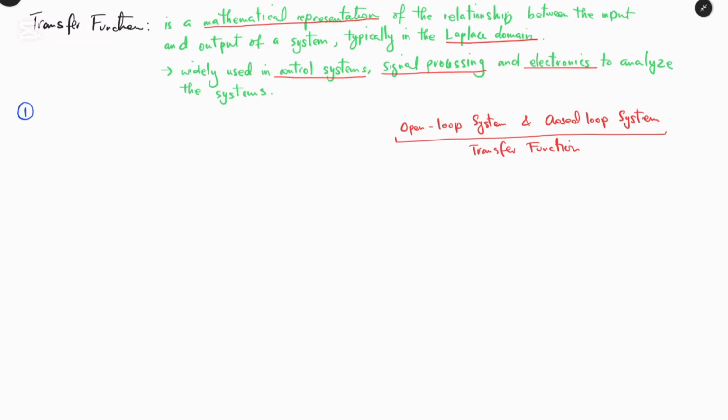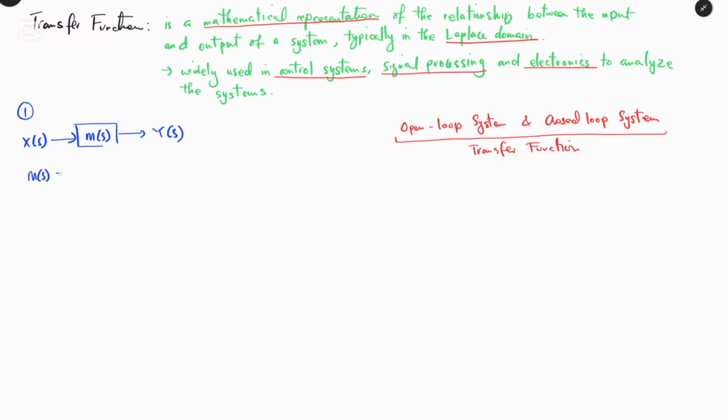Maybe example 1, we can say X(s) is an input to M(s), which is a system, and we have Y(s). So M(s) is the transfer function between the output and the input.